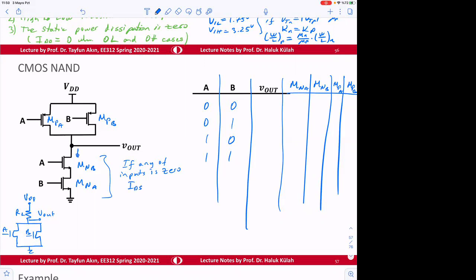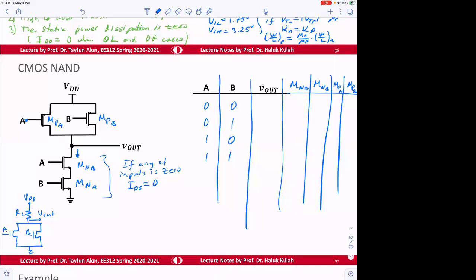So IDS will be equal to 0. And if any of them is 0, then this will be pulling up. Okay.